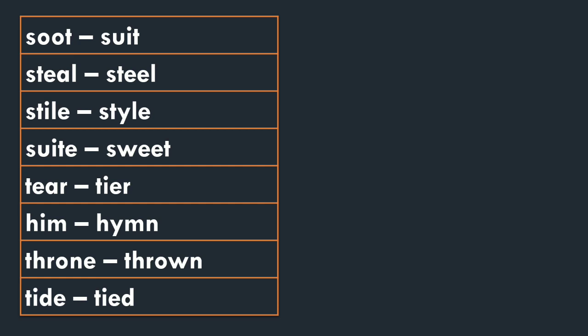And thrown is the past participle of throw. Tide and tied. Tide is the regular rising and lowering of the water, or rise and fall in the level of the water of the sea. And tied is the past participle of the verb tie.